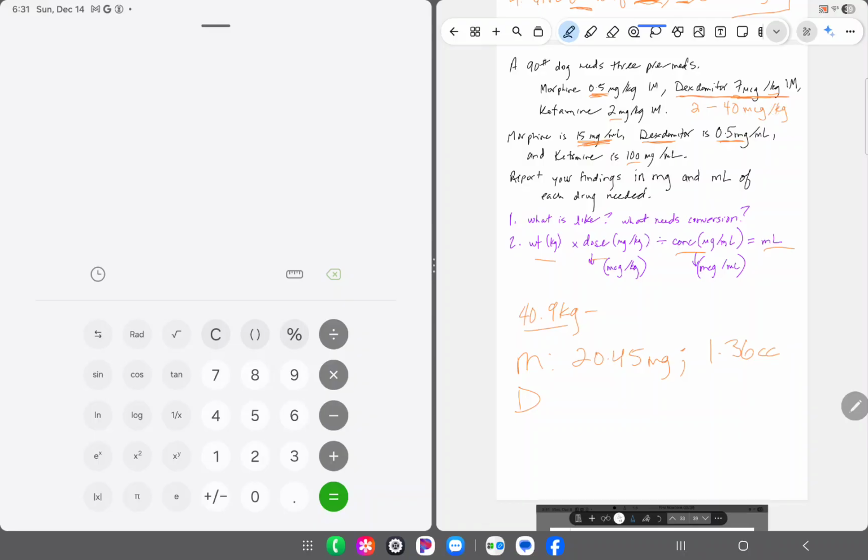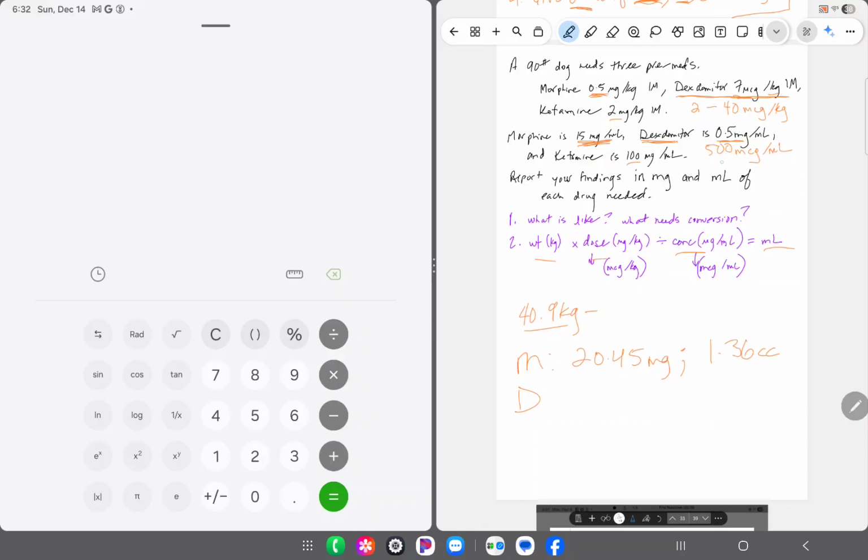It's almost always written that way. So we just need to memorize that dexmedetomidine is going to be 500 mcg per mL. The bottle always says 0.5 mg per mL, as it should. That's easier to write and less difficult to misinterpret if you're reading the bottle fast.